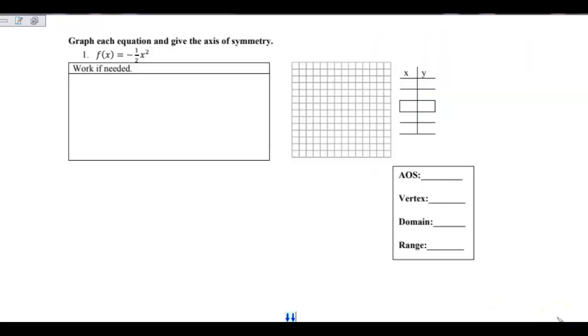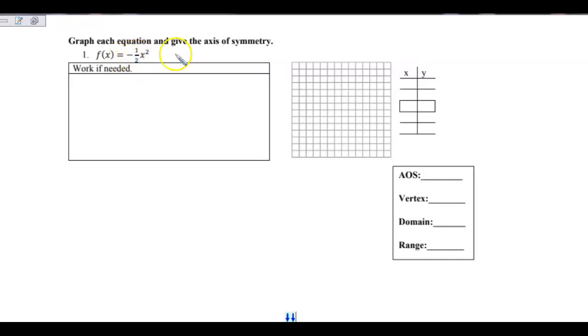All right, so we're going to graph each equation and give the axes of symmetry. What we have here is -1/2 x squared. When we're working through these, pay attention: if it's a fraction, we want to find values for x that are multiples of the denominator.